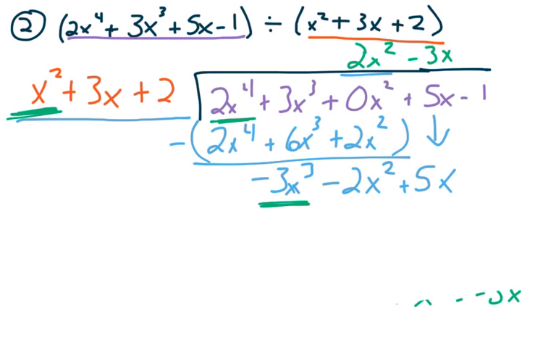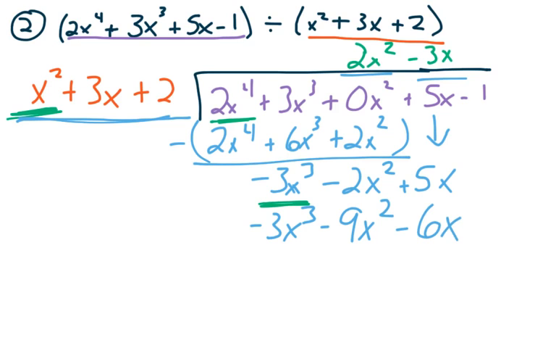I'm going to get rid of this because I need the room to write. So we'll multiply negative 3x times the divisor. Negative 3x times x squared is negative 3x cubed. Negative 3x times positive 3x is negative 9x squared. And negative 3x times 2 is negative 6x. And we will subtract. Negative 3x cubed minus negative 3x cubed is 0.